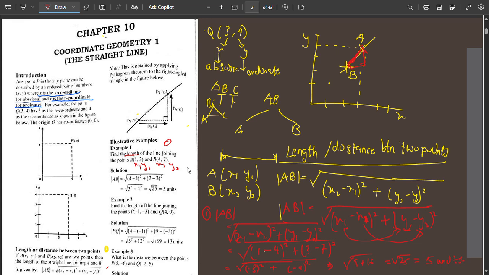So the square root, or the distance between A and B, is 5 units. Because they didn't give a specific unit, you just choose units.